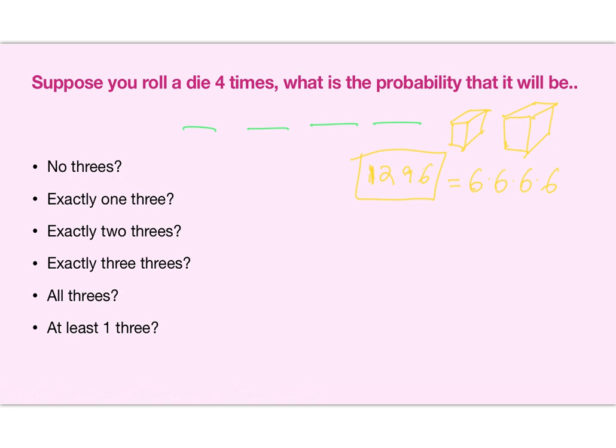So if I want no 3s, what would that look like? The first one is not a 3. How would I write the probability of something being not a 3?